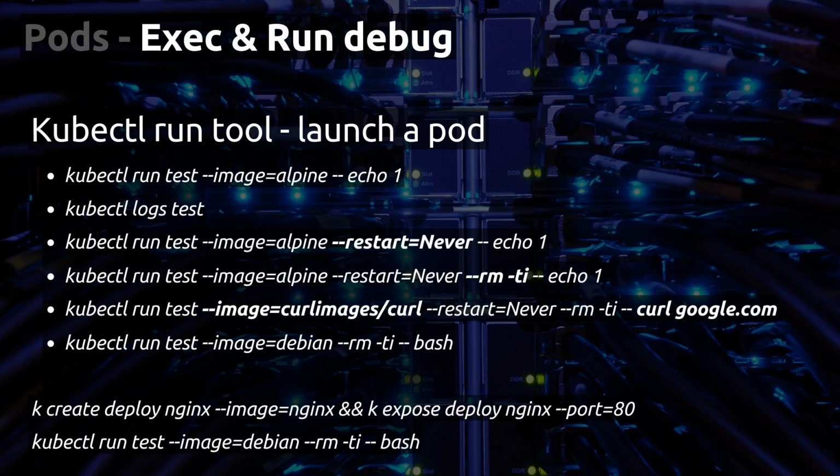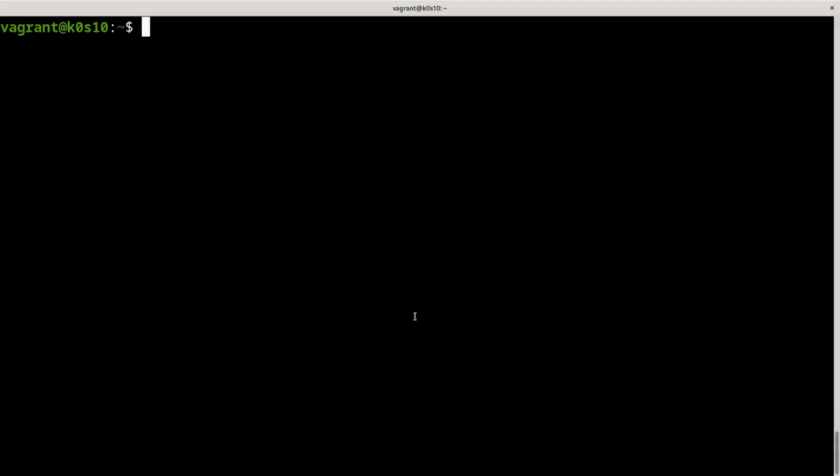Okay, and now what we want to do is run a pod, but go directly inside this pod. To do that, it's really easy. We can use again kubectl run again, and for example, we can name it debug, with an image, of course, and we can use the Debian image.